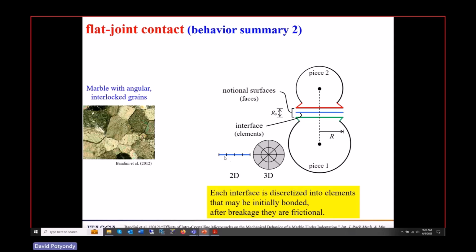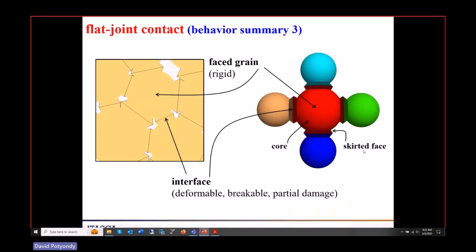Each element can individually be bonded and can break, and after it breaks, it's frictional, independently of each other. So this is a contact model that internally you can think of as having 4 subcontacts, each of which does a simple thing. In 3D, this is a disk and it gets discretized like this, and you can control the discretization.